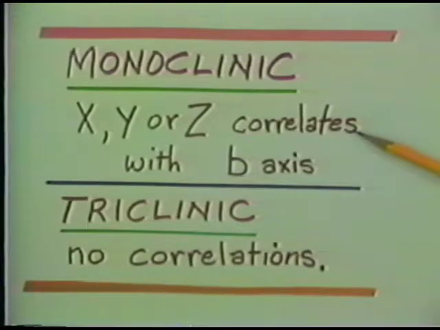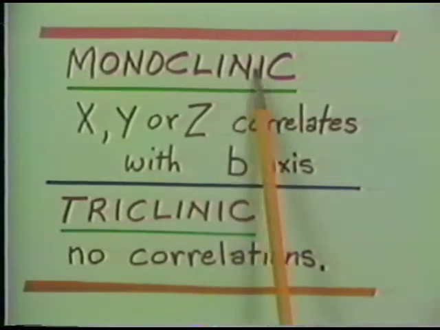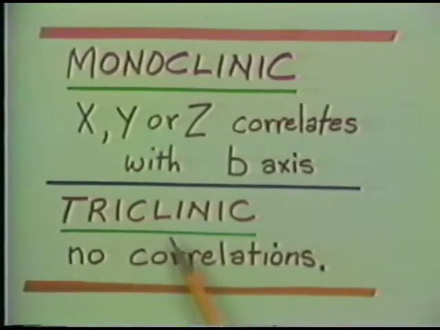Remember, in monoclinic crystals, the A, B, and C axes are not perpendicular to each other. And yet, X, Y, and Z in all biaxial minerals are always perpendicular. So in either monoclinic or triclinic minerals, it's impossible to have a perfect relationship of X, Y, and Z with A, B, and C axes.